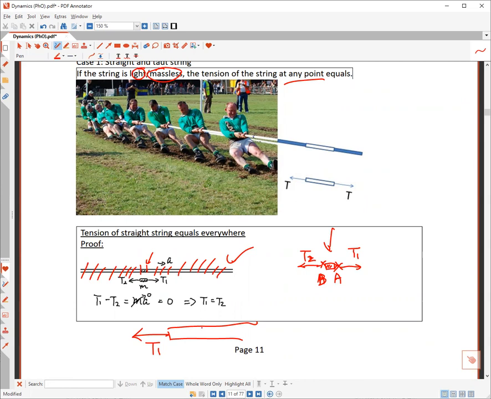Right now we just consider the net force of the small part, so we don't count this one. You should also know that these two forces are an action-reaction pair. This one is on the small part by the right hand side string. This tension is on the right hand side string by the small part. By Newton's third law, they are an action-reaction pair, so they have the same magnitude but opposite direction.